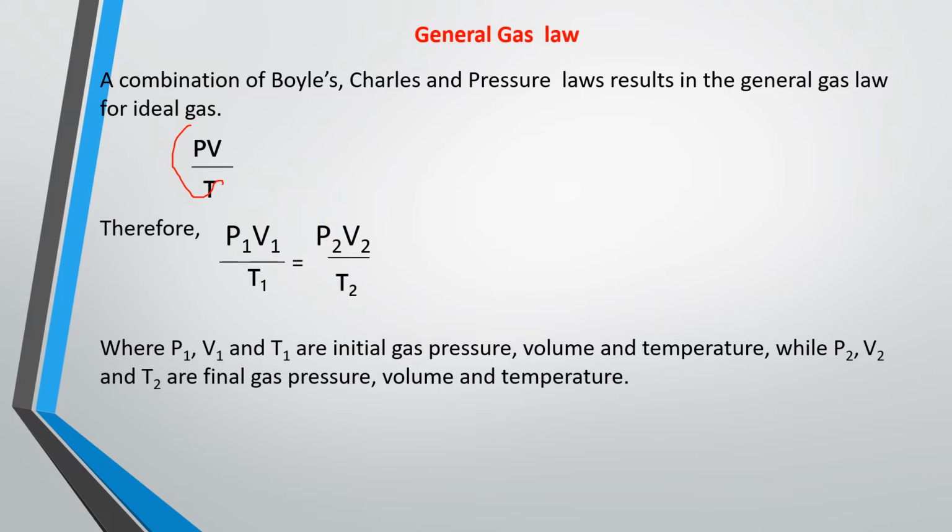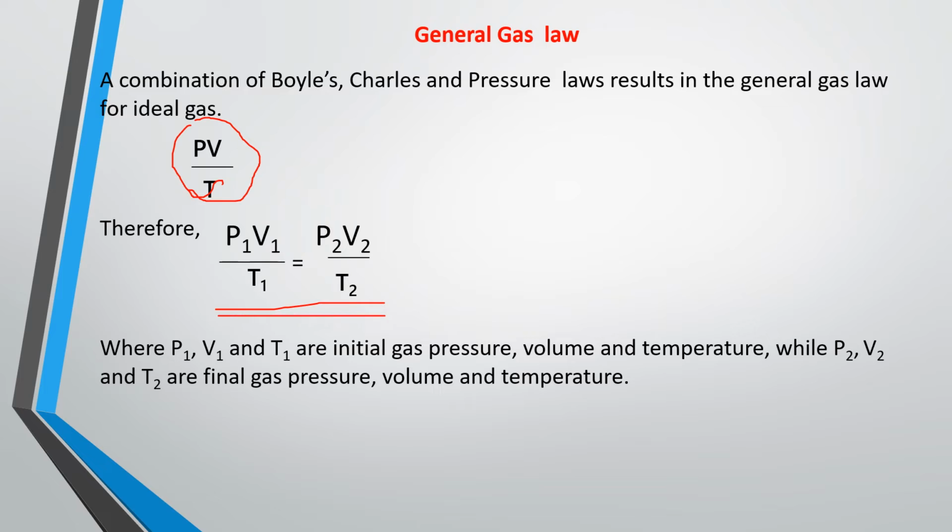Okay, so for a gas that expands from a particular volume at a particular pressure and temperature to another volume at another temperature and pressure, you can now write this equation: P1 V1 all over T1 is equal to P2 V2 all over T2, where P1, V1 and T1 are the initial gas pressure, initial gas volume, and temperature, while P2, V2, T2 are the final gas pressure, the final gas volume, and the final gas temperature, as the case may be.